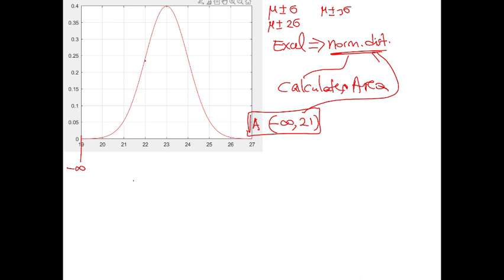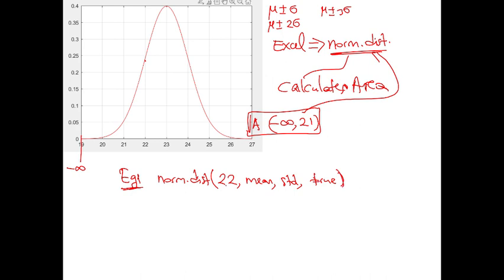Let me give you two examples. The first one: I will say the norm function, and then I will use 22, and then the mean and the standard deviation, and here you always put true.